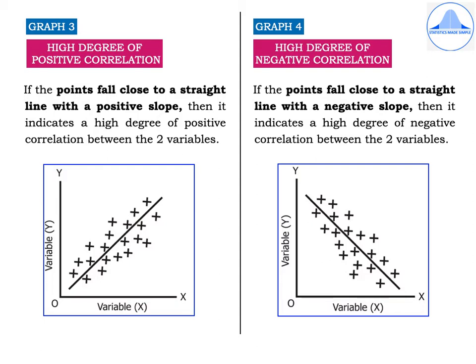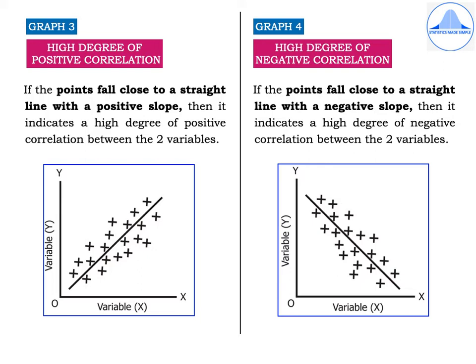Graph 3. If all the points fall close to a straight line with a positive slope, then it indicates a high degree of positive correlation between the two variables. So if you see graph 3, you see that you have a line with a positive slope, and then you have points which are clustered around this line, which indicates a high degree of positive correlation.